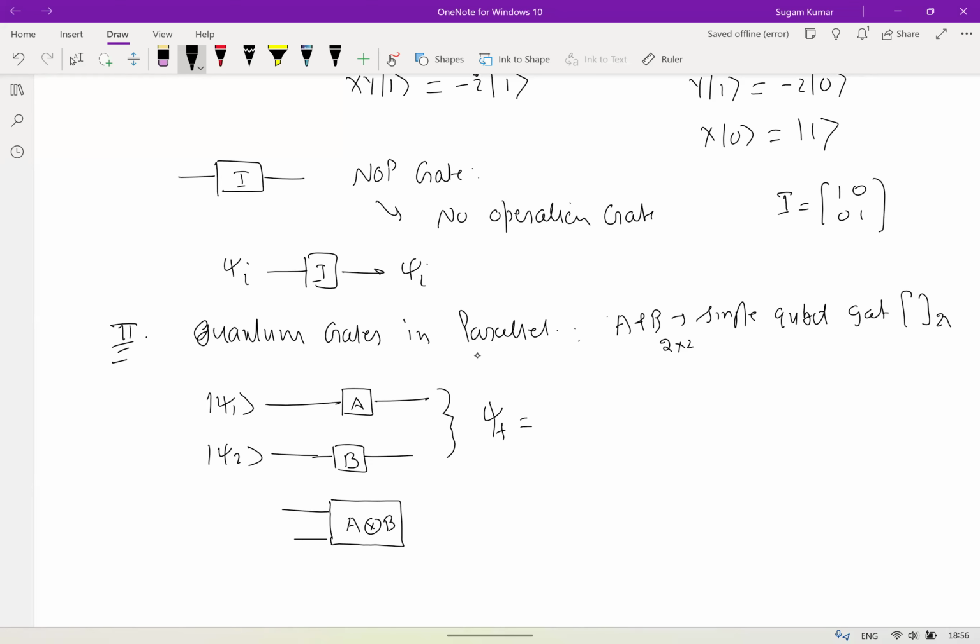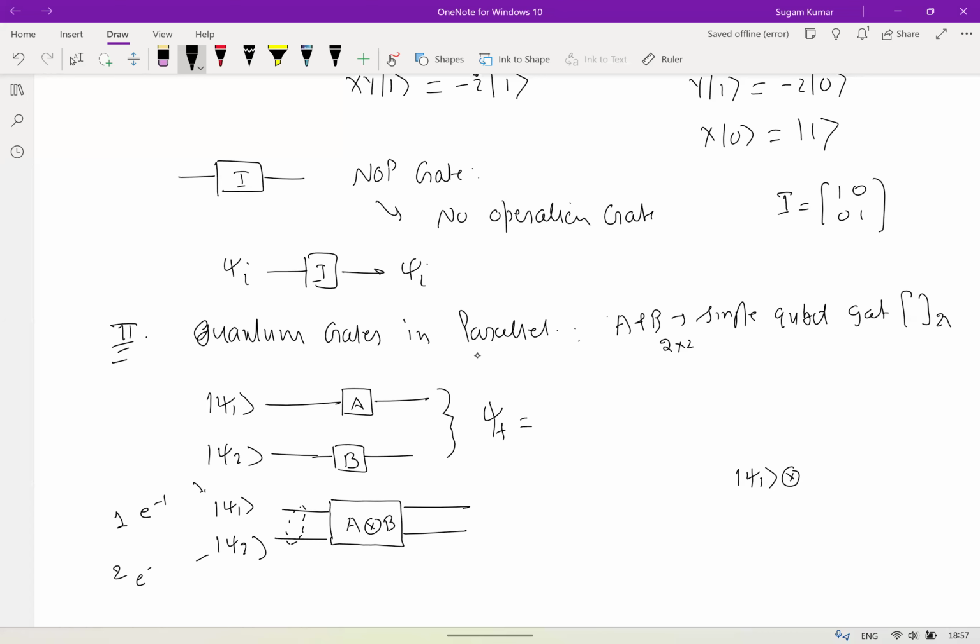And now I will show it this way. You have a first qubit and then a second qubit, and then I will show the outputs. Mathematically, we represent it this way. Look here: when you have this combination in parallel, the states are also going to multiply because they are from different Hilbert spaces. Psi1 belongs to one Hilbert space because this is electron number 1 and this is electron number 2.